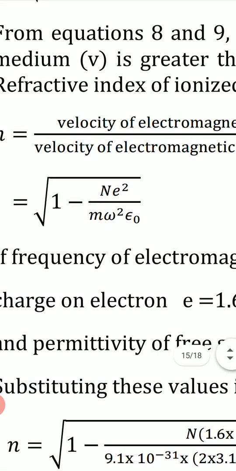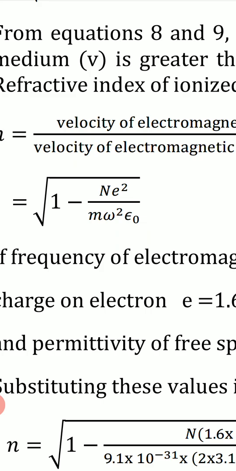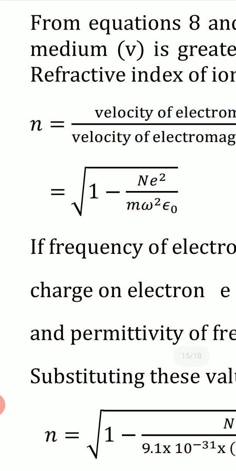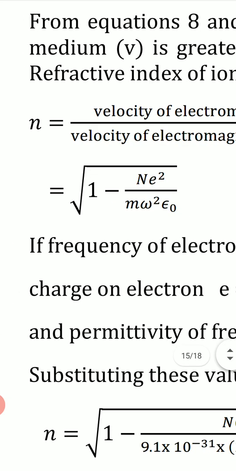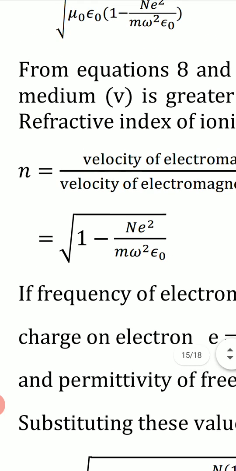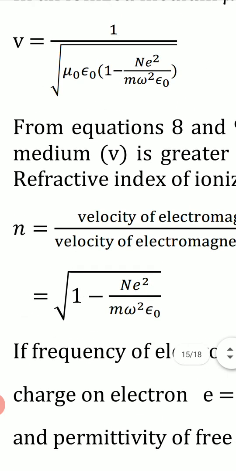So if we put the value of C and V, this refractive index n becomes equal to under root 1 minus n e square upon m omega square epsilon 0.